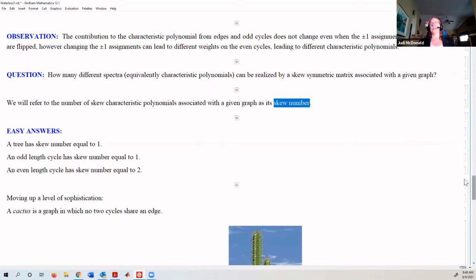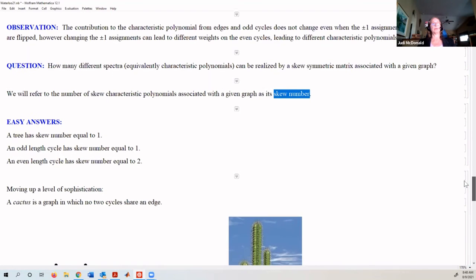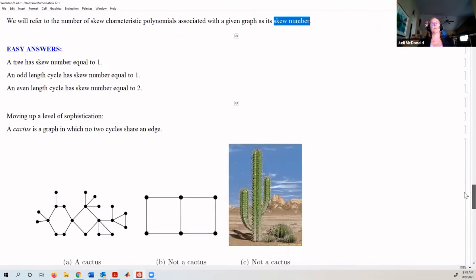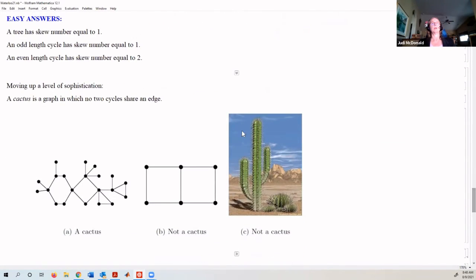So moving up a little level of sophistication, we decided to look at cacti, because we learned very quickly that if you try to do the whole problem at once, it's just overwhelming. So the idea of a cactus is you've got no 2 cycles sharing an edge. And this is nice because then when you flip an edge, you're only trying to keep track of what it does to 1 cycle. So here's a cactus.